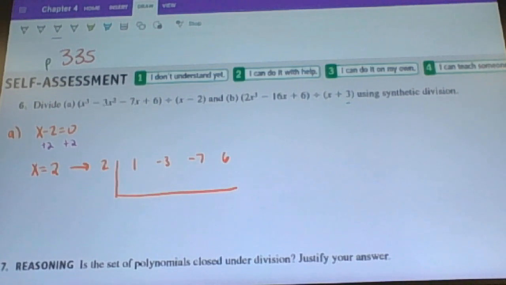I think I understand this. I gotta make sure I did this one right. So I rewrite the one. But Kim, do you know what to do next? What do I do next? And then what? You add down -3 plus 2.